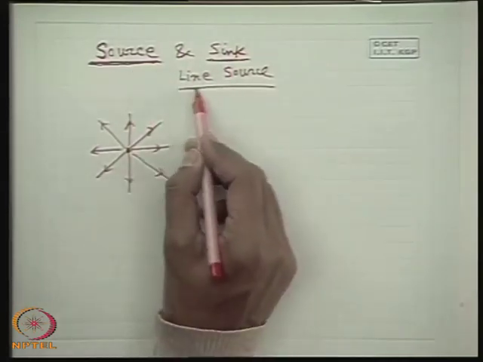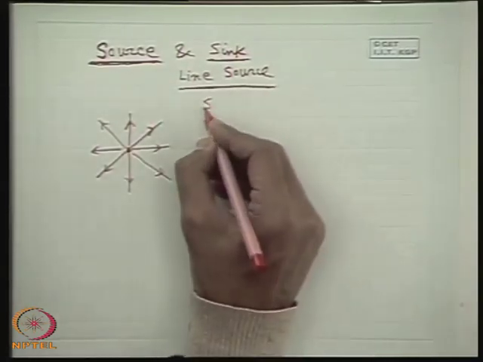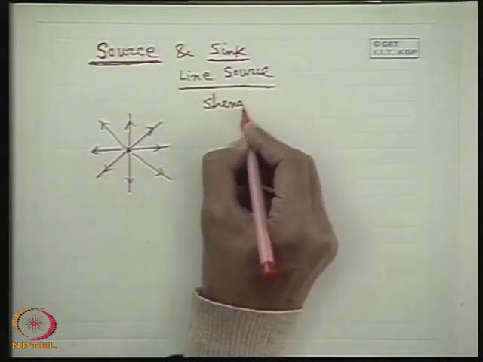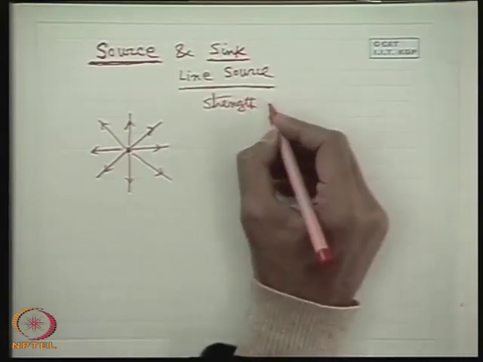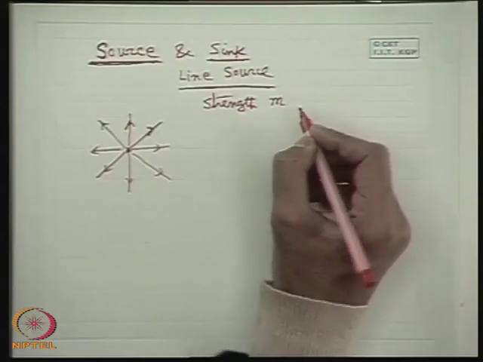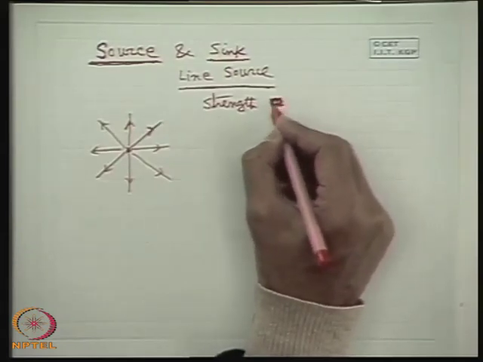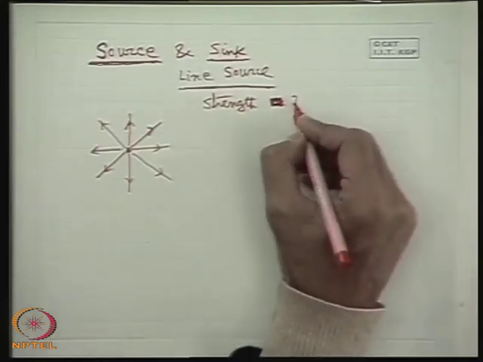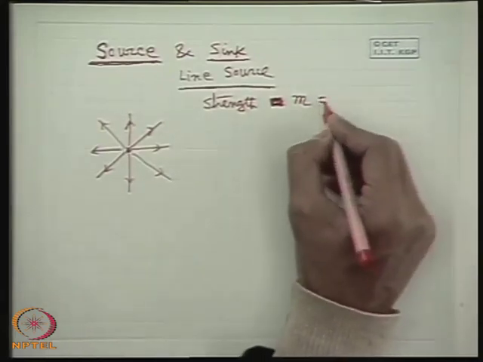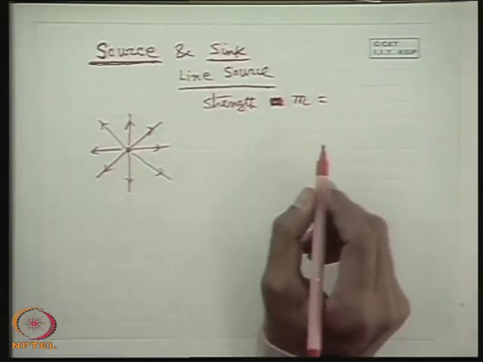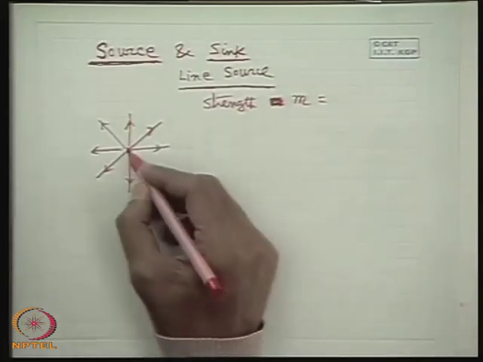Now for a line source, the strength of the source is a terminology known as strength, usually M, sometimes defined as gamma. Let us define it as M, the strength. It is nothing but the mass flow rate coming out from the source. Now what is the mass flow rate?